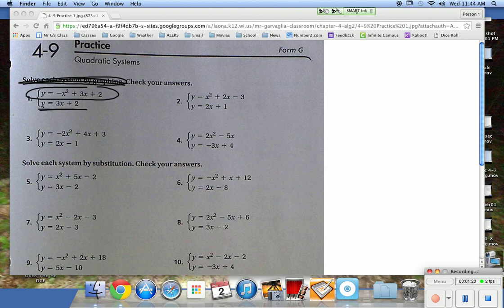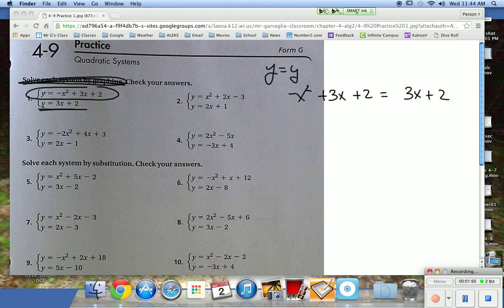All right, so what I'm going to do is set y equal to y. I am going to set negative x squared plus 3x plus 2 equal to 3x plus 2. I want this set equal to 0 because if we want to find the solutions for x, we have to set it equal to 0, right?